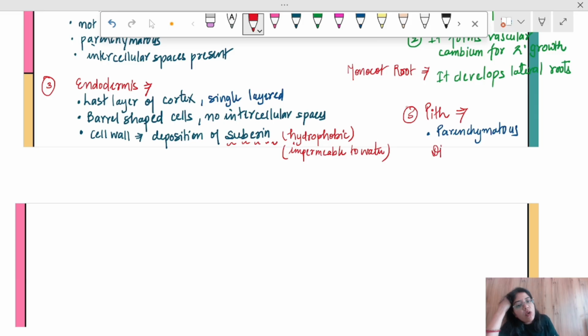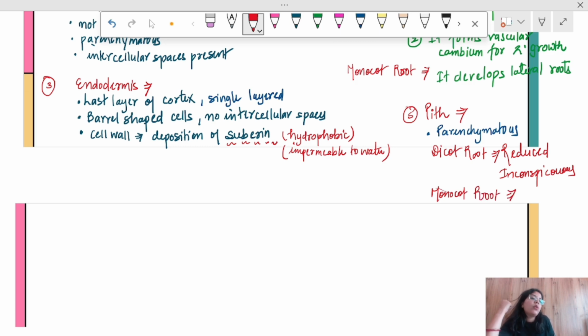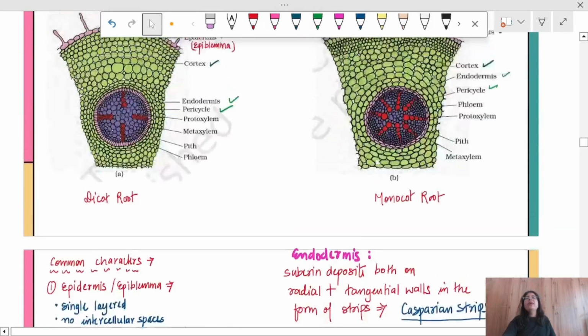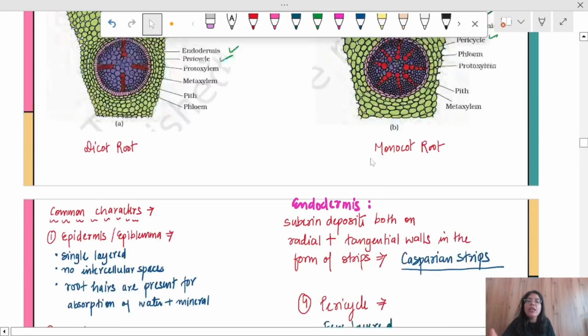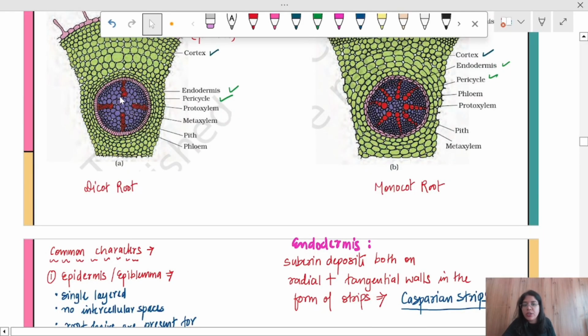Please remember in the dicot root, pith is reduced, or another term used is inconspicuous, right? But in the monocot, it is well developed, large pith. The diagram is not clearly depicting that, but in the text it is mentioned that pith is large here, pith is very much reduced here. This central part is called pith.